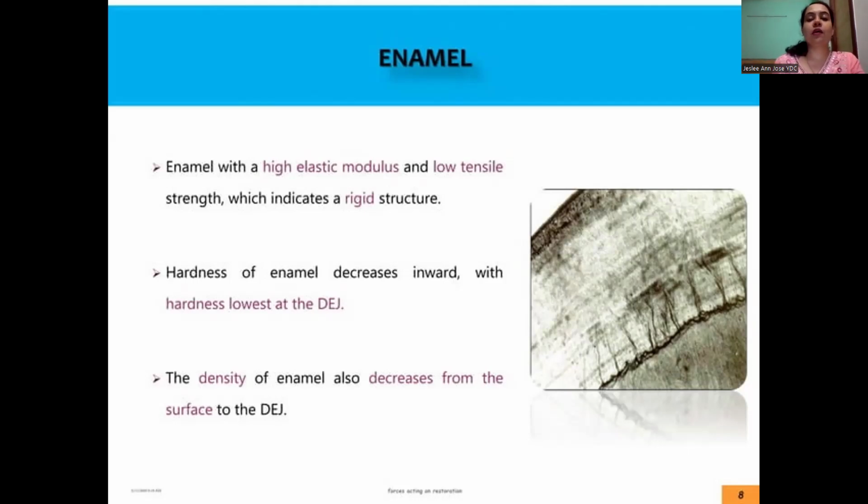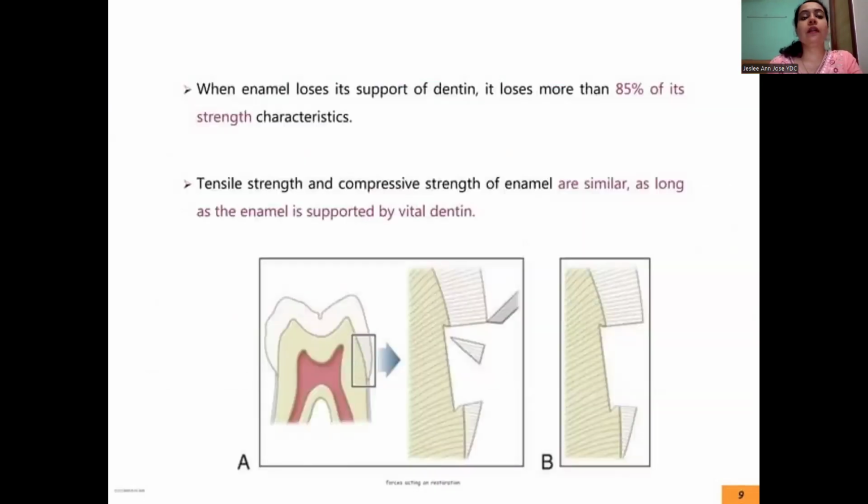The density also considerably decreases as we move from the surface to the dentino-enamel junction. Now again, when the enamel is protected with the support of dentine, that is, a proper dentine base is there for the enamel, in such cases the strength of the enamel will be more.